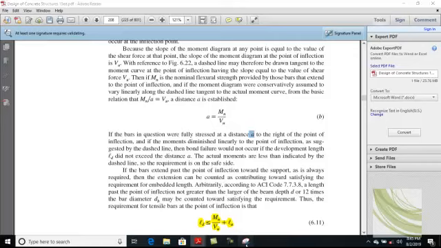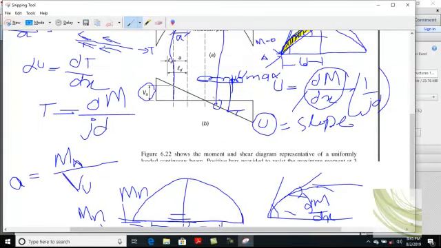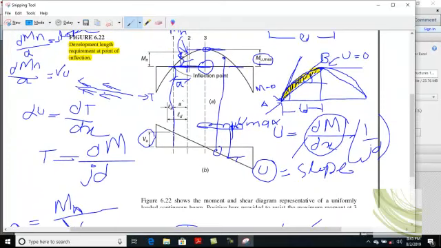Clear? This basically means that this distance a which you are seeing here is such a length that, assuming the bar is fully stressed, full fy strength is developed, and this length is equal to Ld, or it may be greater than Ld, then there will be no bond failure.